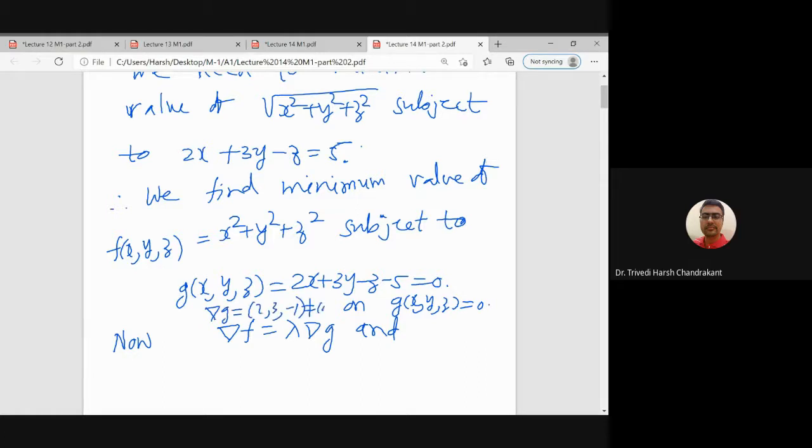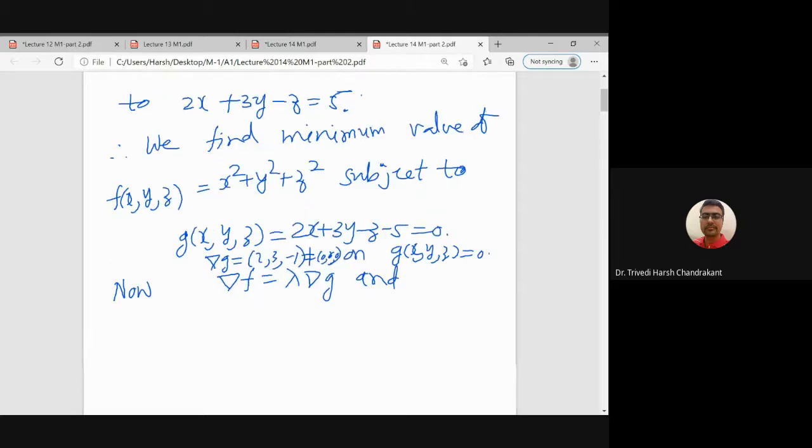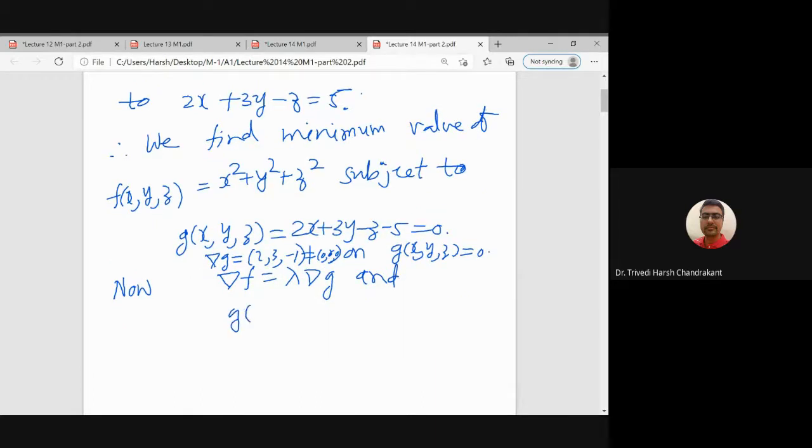So this is other than 0 vector on the whole surface. So therefore we can apply Lagrange multiplier method, and we have these two equations to be solved.